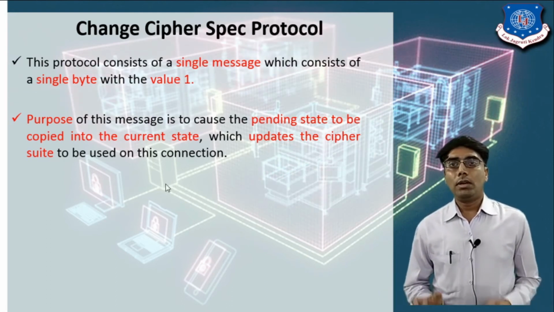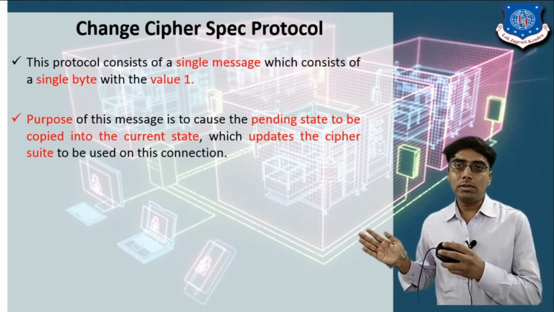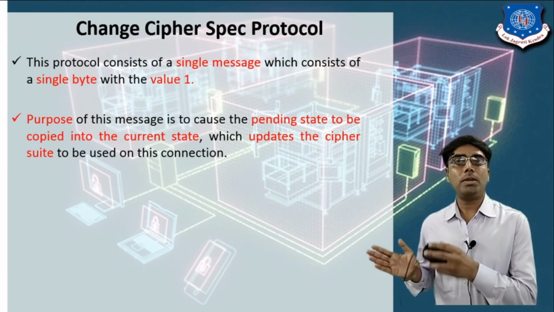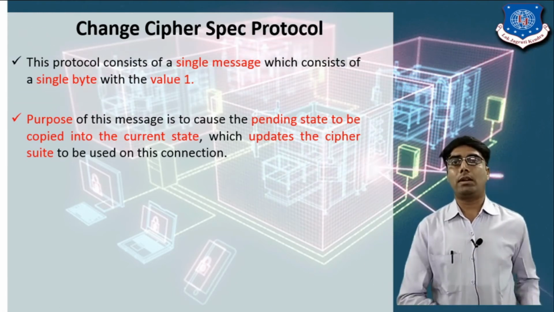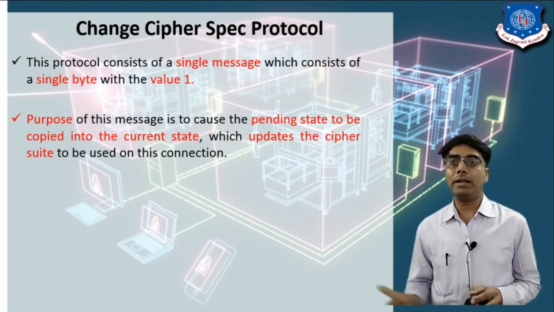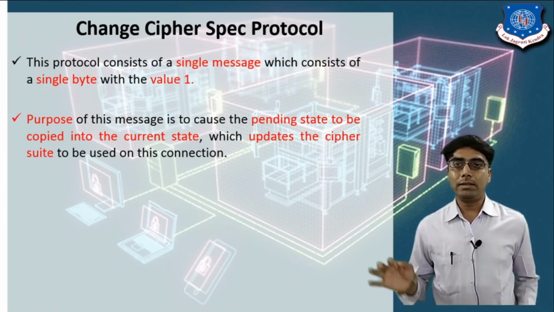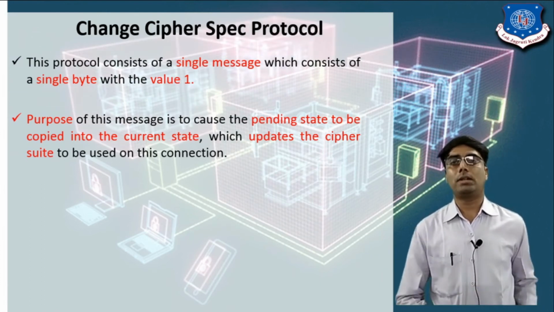Unless the authentication is completed, we have to change the state. So now we change the state from the pending state to the current state, and this will be updated in the cipher suite table, and this table is used for the connection.